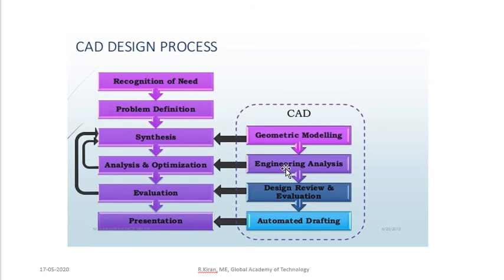Design review and evaluation helps us incorporate any changes to the design of the component. Finally, automated drafting is where we project the different views of the component and give the complete list of parts the component is made out of.